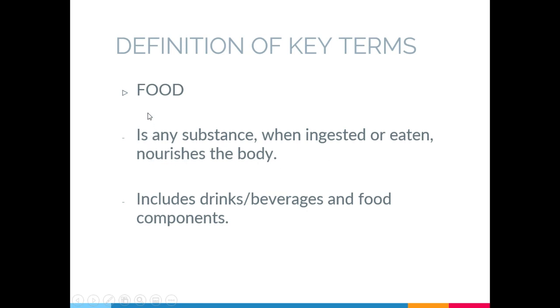So food is anything that we ingest which nourishes us, which provides us nourishment, or which provides us nutrients. So food includes drinks, beverages, and food components. Even beverages, although they are liquid, are considered food.